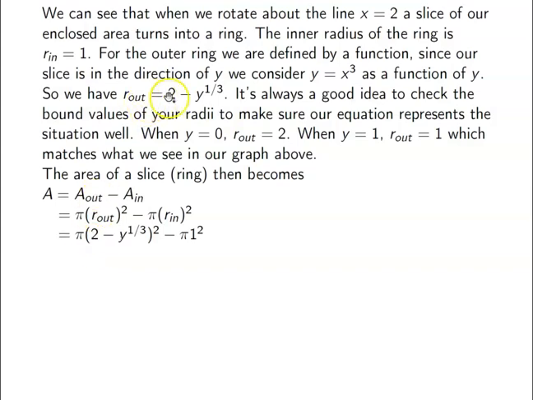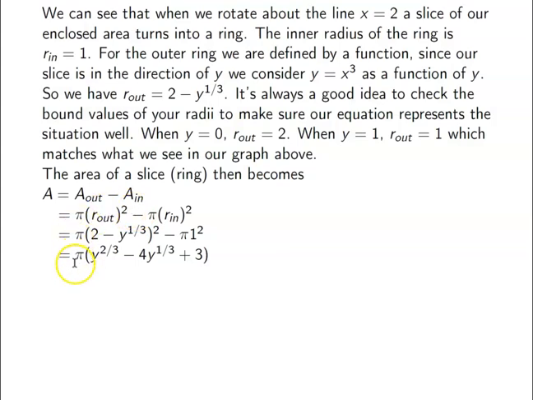So my outer ring has a function of 2 minus y to the 1/3 power, the cube root, I should say. And for the inner radius, it's just a constant 1. Okay, so when I start to simplify, I get 2 minus y to the 1/3, squared, and I also subtract 1 from that.